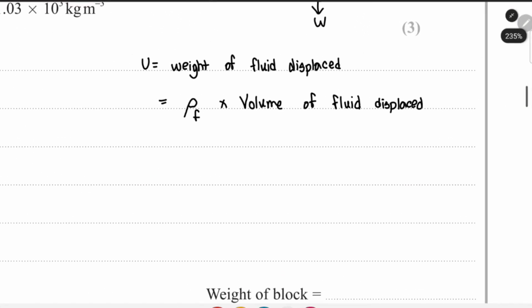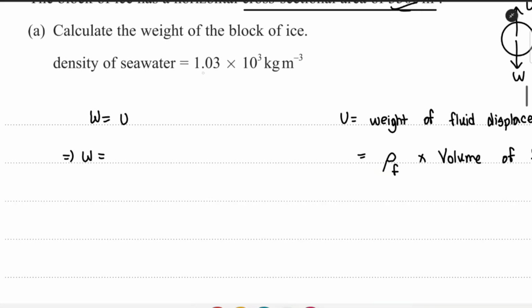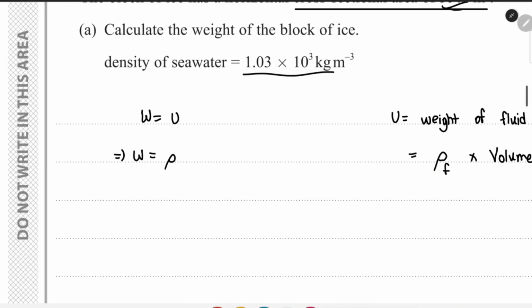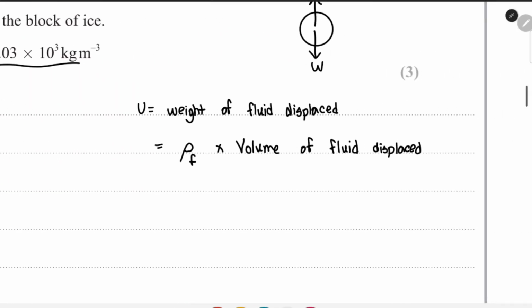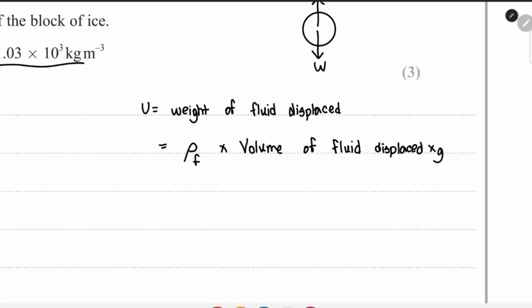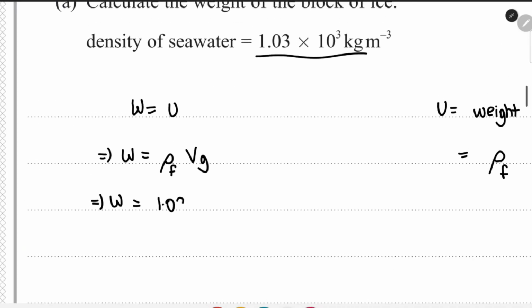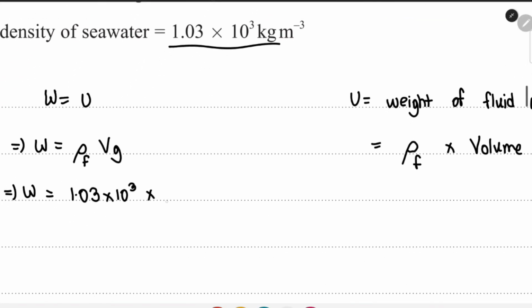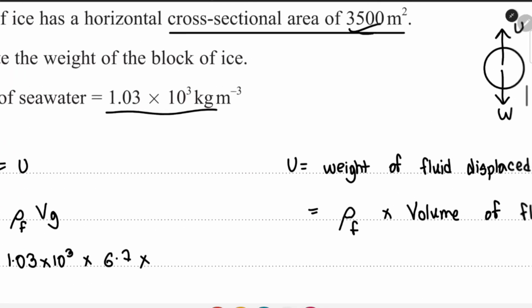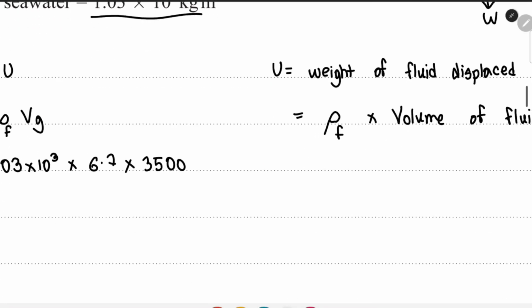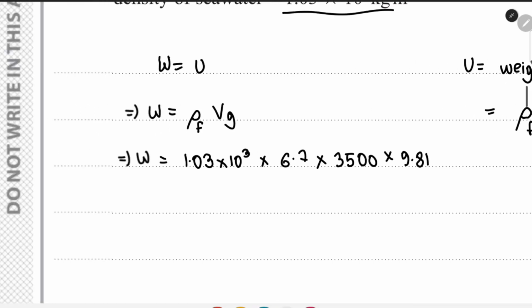So this volume over here can be found easily. And we are also given the density of seawater. So we have rho Fv times g as well, because we want to find the weight, not the mass. If you don't multiply g, you find the mass, not the weight. Now we have the density, which is 1.03 into 10 cubed, multiplied by the volume that's underwater, which is length times A. The length is 6.7 meters and the cross-sectional area is 3500 meters square. And then you multiply it with g, 9.81.